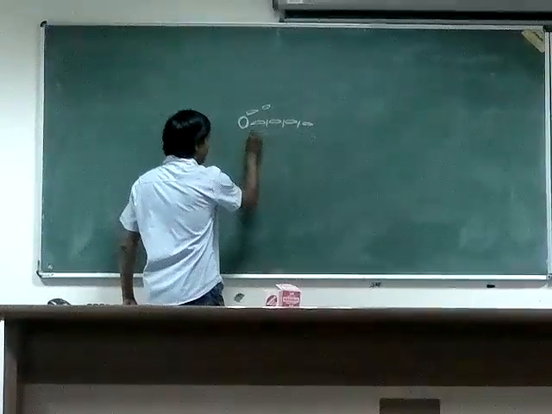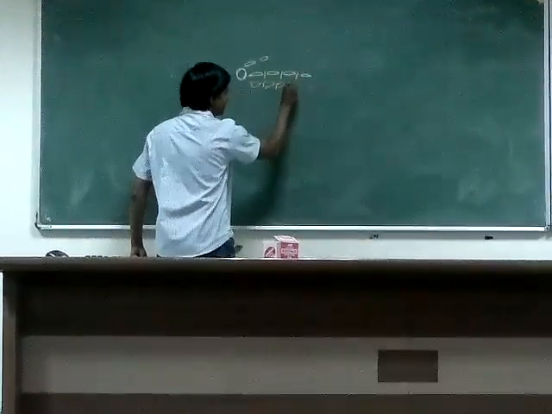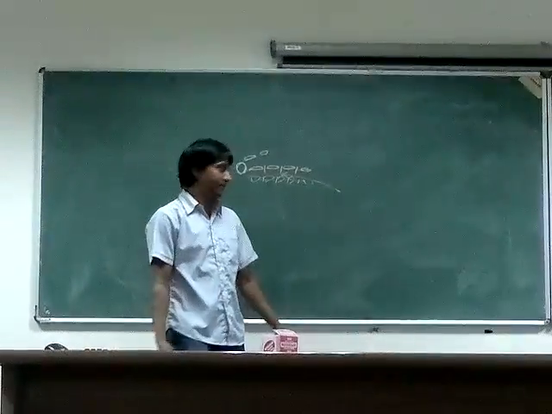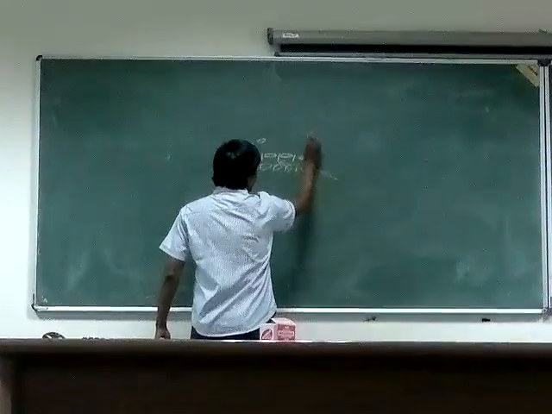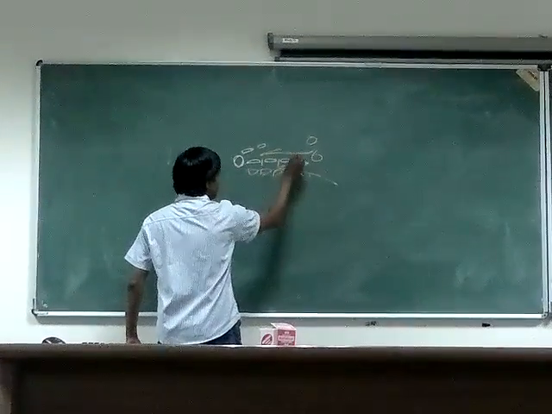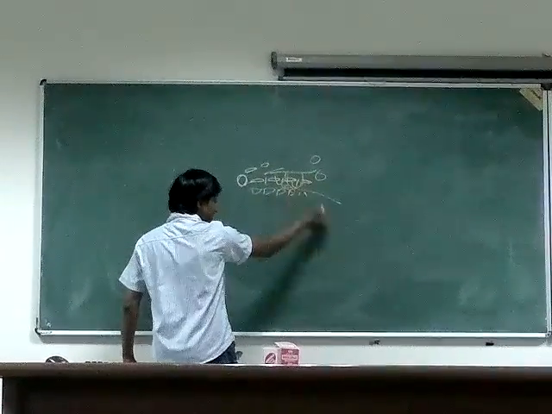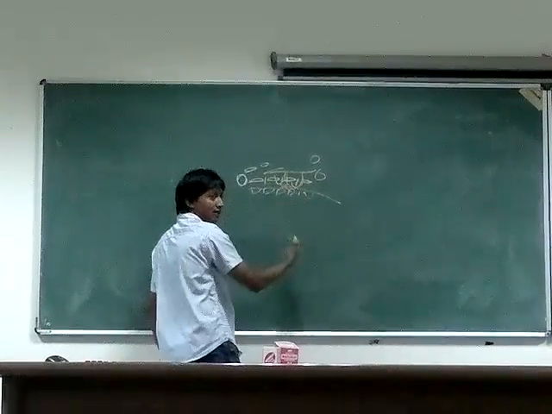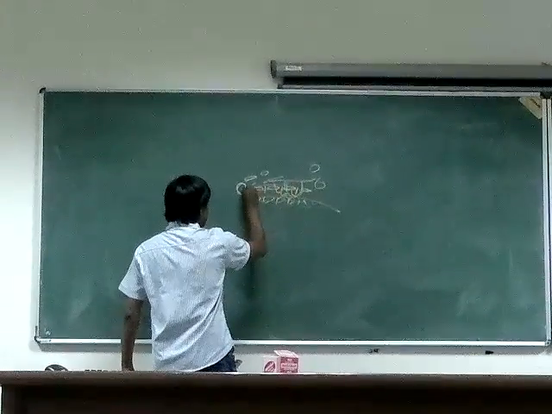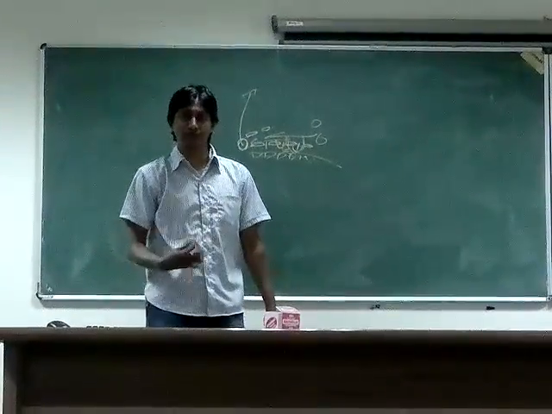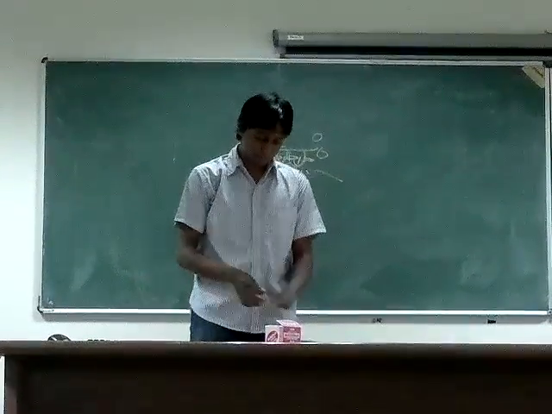Here are the hepatocytes, and this place is called the space of Disse. Blood comes from the base, comes here, and from the center goes out through the hepatic vein to the inferior vena cava.